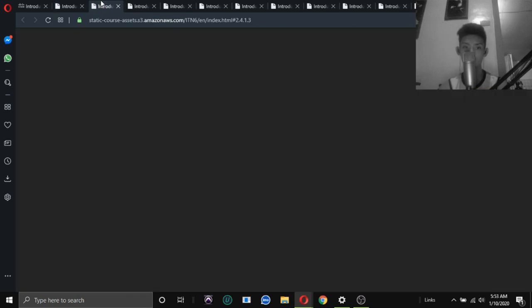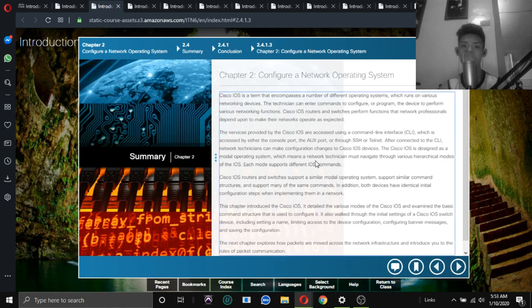Next one is configuring network operating systems. The services provided by the Cisco IOS are accessed using the command line interface, or the CLI, which is accessed by either the console port, the AUX port, or through SSH or Telnet.